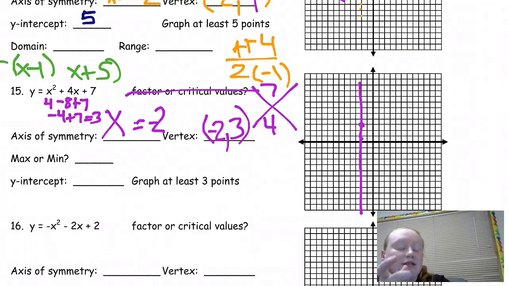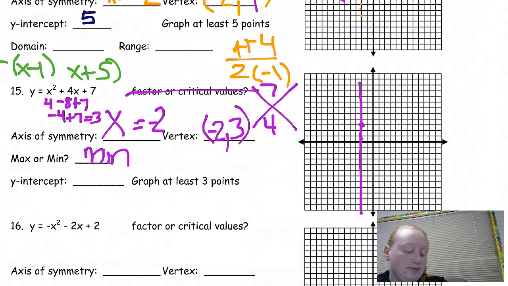So that's kind of what tells you that it's not going to have any of those factored values, is that we can see my vertex is already above my x-axis. Since this is concave up, it's a U shape. That U shape should have a minimum. Okay, so the bottom of my U is a minimum.